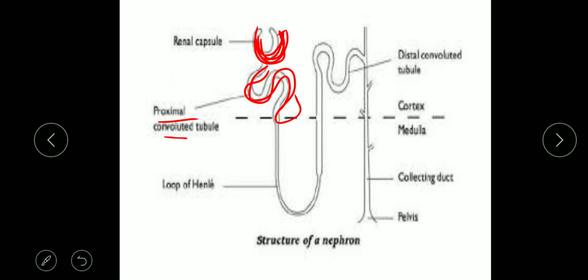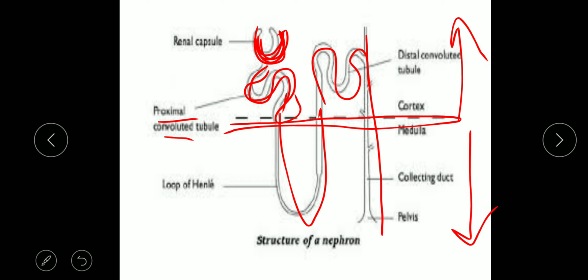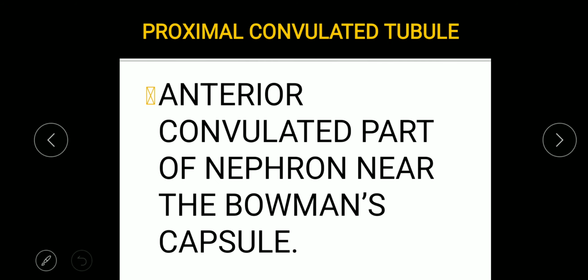This is the loop of Henle. Then this part is the distal convoluted tubule, and this is the collecting duct. These parts, this lining shows that this part is in the cortex and these parts are in the medulla. Okay. So let's see the structure of this nephron.